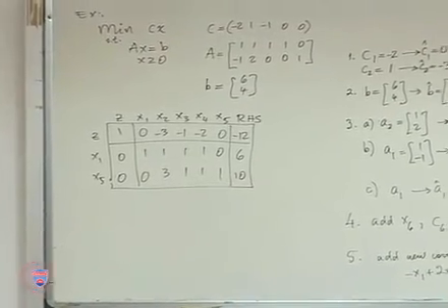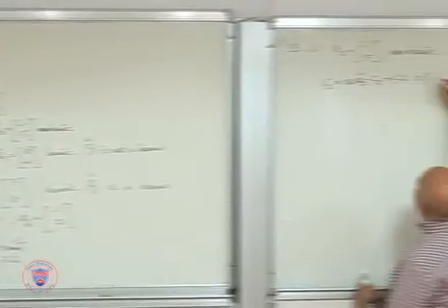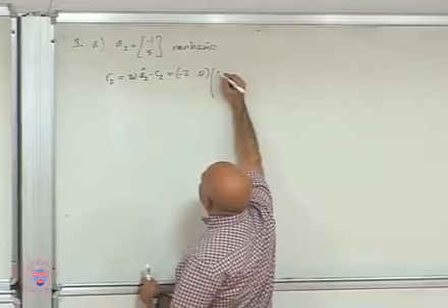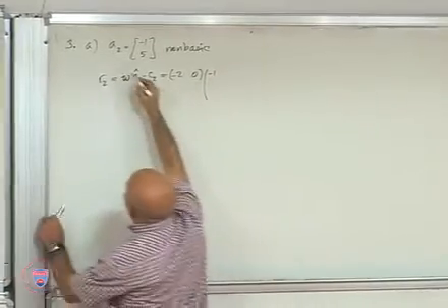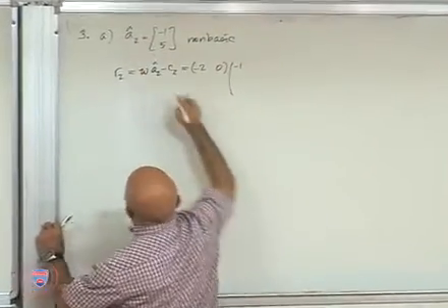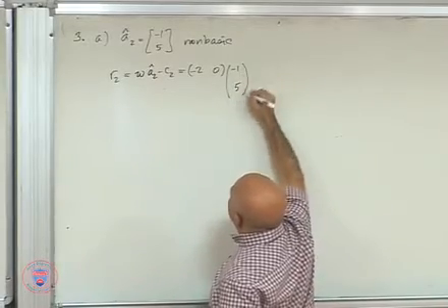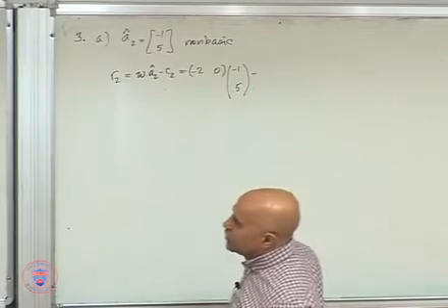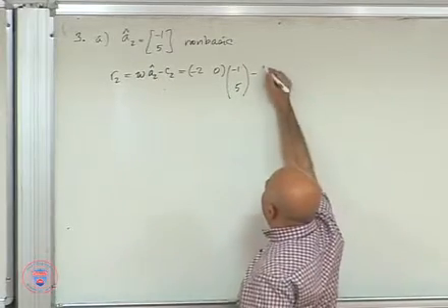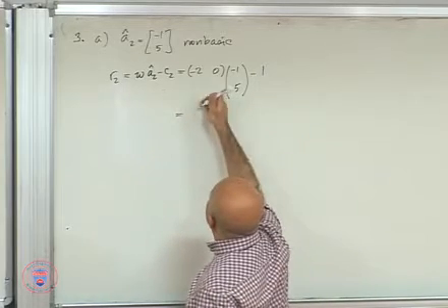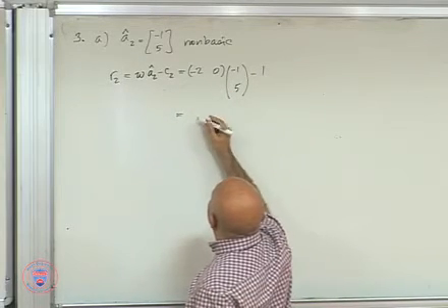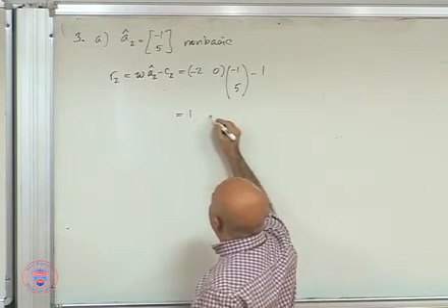Times minus 1, 5. That's A2 cap. Okay. Minus 1 and 5. Minus C2. How much is C2? 1. So how much is this? That's 2 minus 1, which is 1.